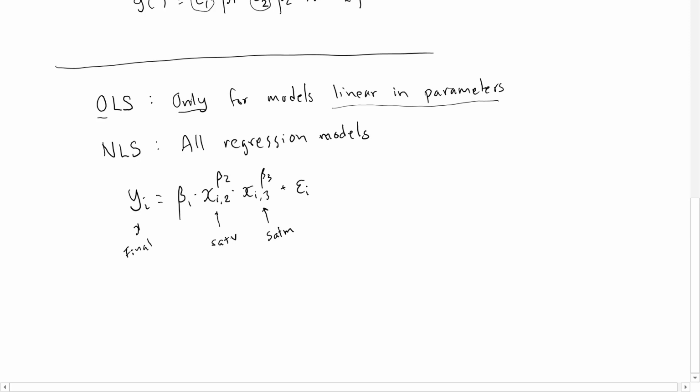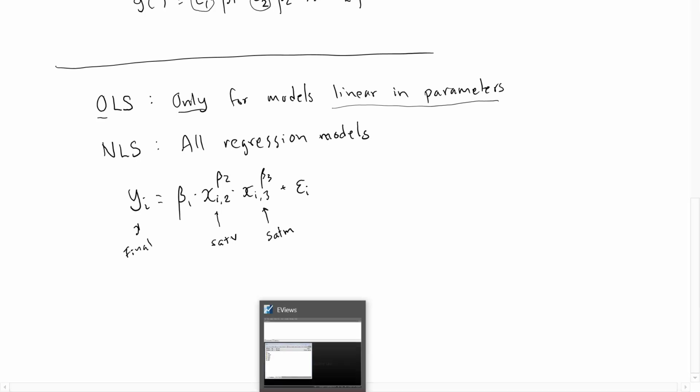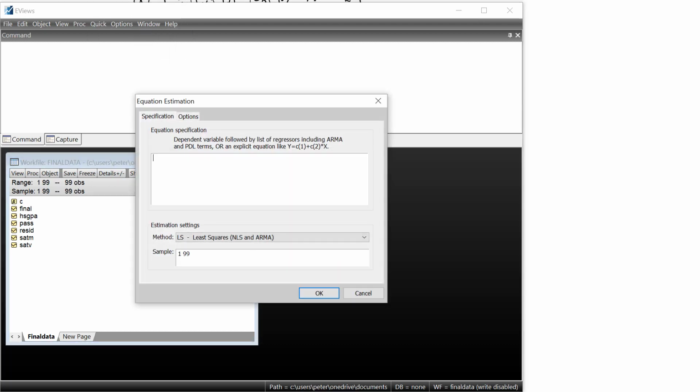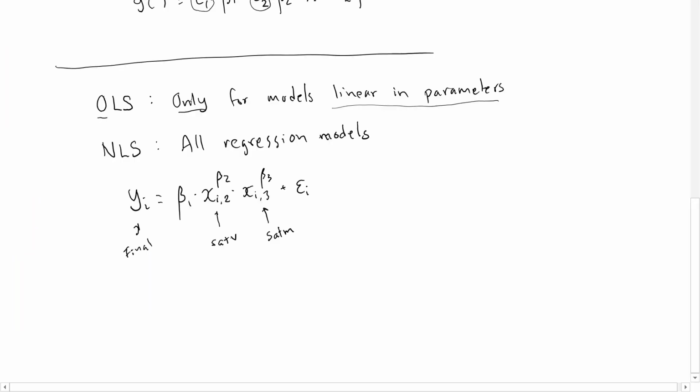If you want to estimate this model in, let's say, eViews, here's the data. You can just go to Quick, Estimate Equation, and then type the equation basically as it's described here. But as before, you don't need to add the error term. It's implicitly assumed that it's there.